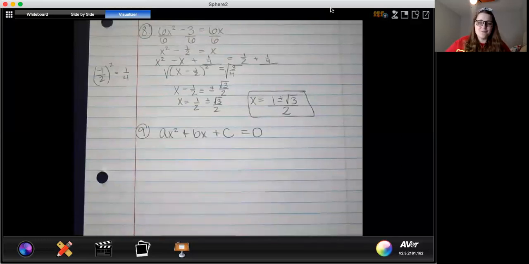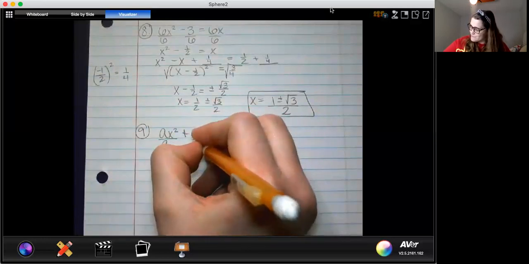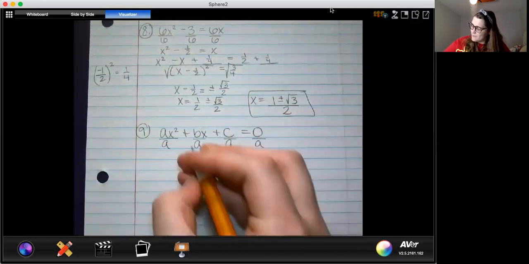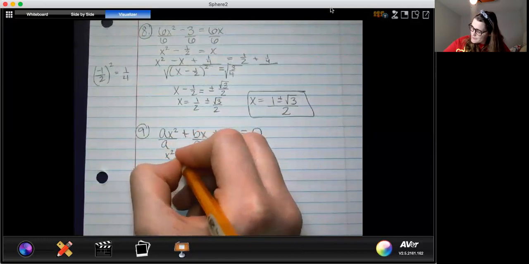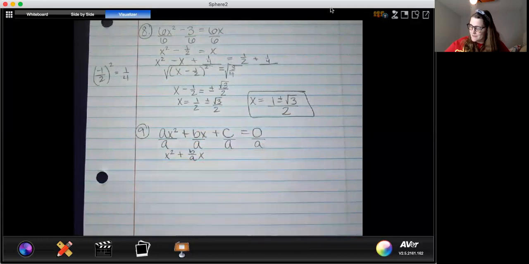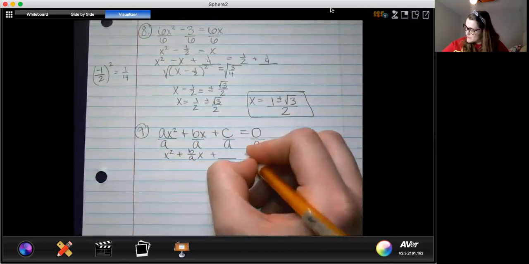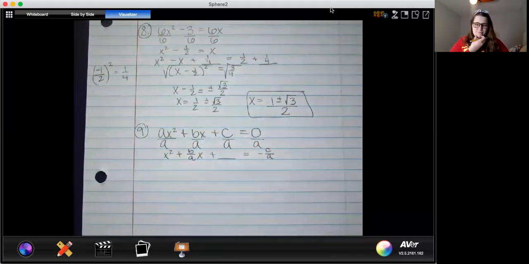First thing we're going to do, divide by a. And I'm left with x squared plus b divided by a x plus blank equals negative c divided by a. Okay, now I write really big.